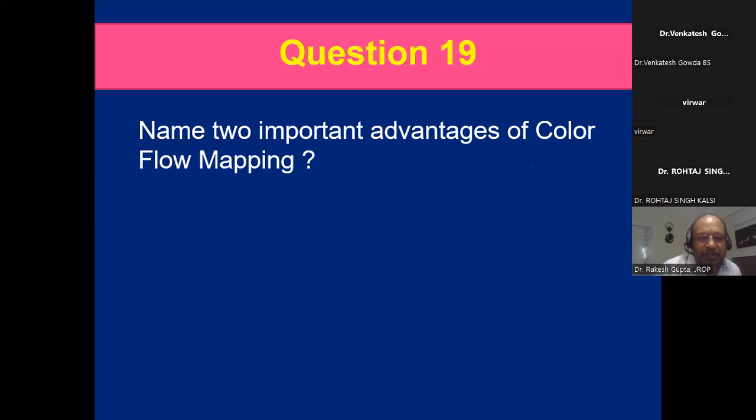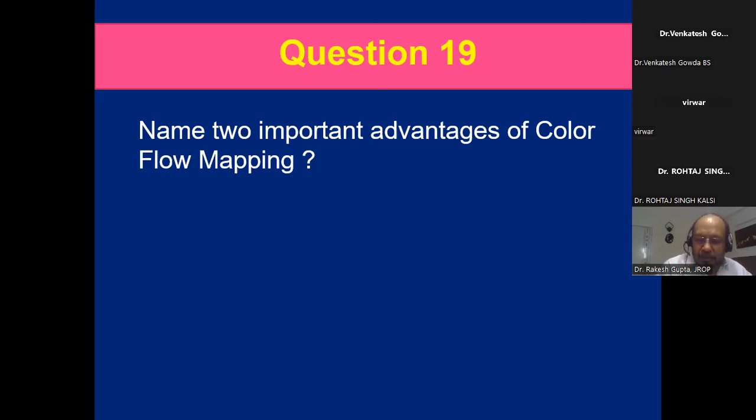So we have to keep our sample volume in the line of blood flow, parallel to the blood flow. Those are the two color flow mapping advantages. By looking at a color flow itself, you can tell whether the flow is laminar or turbulent. I told you this when I was talking about color flow mapping. I'm sorry, you had no idea about this.